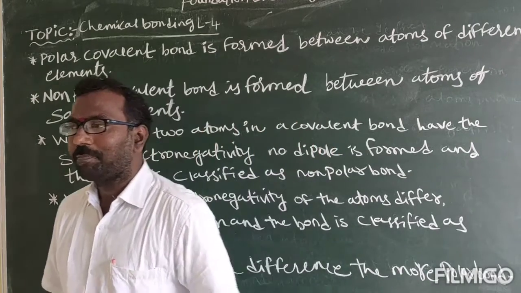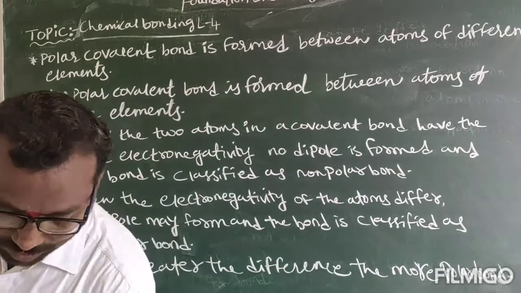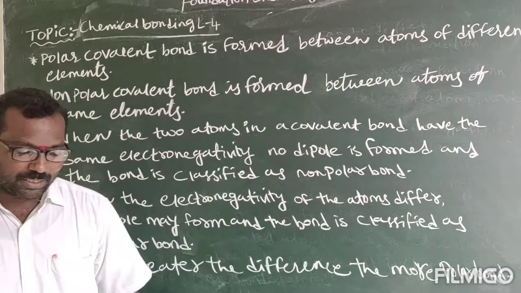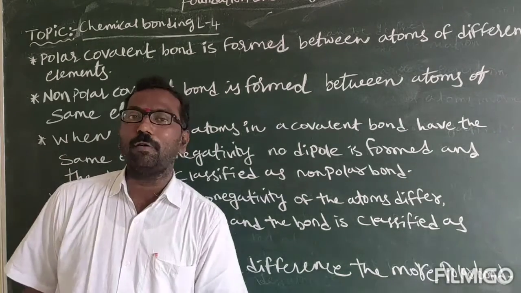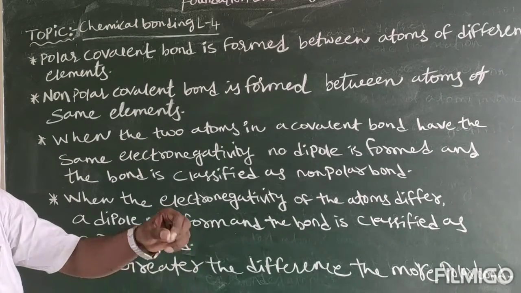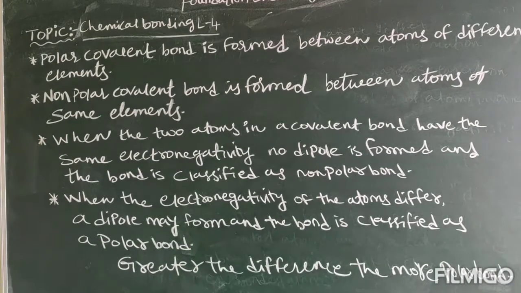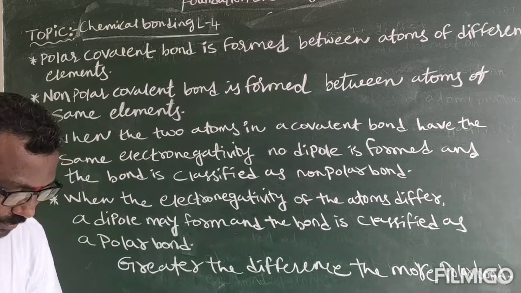Whatever it may be, depending upon the situation, if the word used is less than 1.7 or 1.9, then it forms a covalent bond. Okay? You can make a note of these points also.